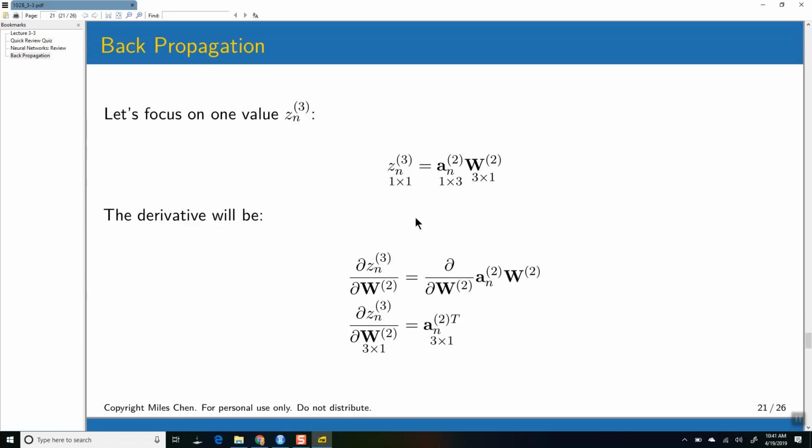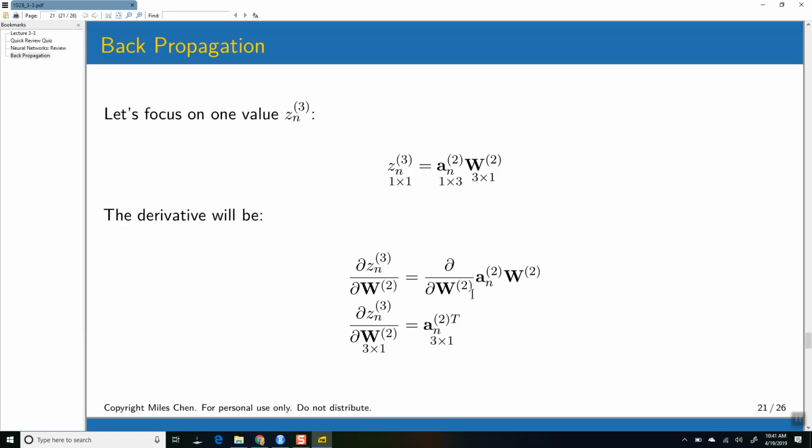And so here, if I ask what's the derivative of this with respect to W2, okay, so I've got a scalar value, and I say what's the derivative of that with respect to this, then the derivative needs to be 3 by 1, okay? And I don't know if you guys remember, what's the derivative of some vector multiplied by another vector here? That's going to be the transpose of that vector, okay?